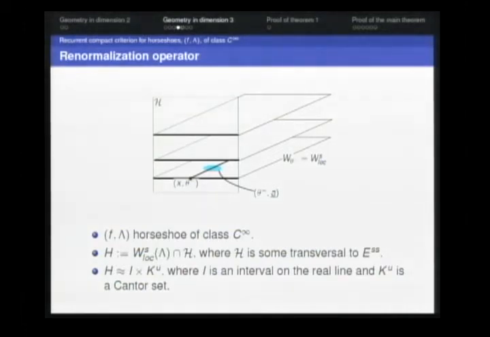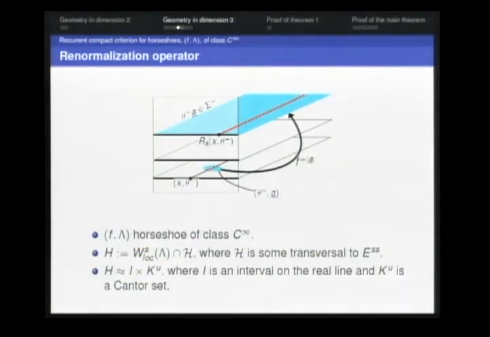And it's the following. You iterate the strong stable foliation until you are on the scale you are looking at the problem, the scale of the local manifold. And then you project in the wall. So this is the renormalization operator of the x theta minus associated to the cylinder A.